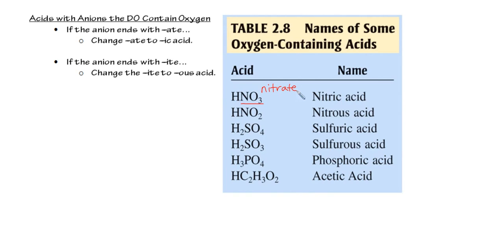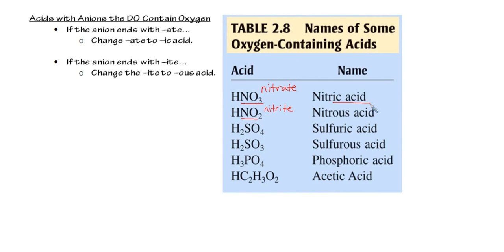We had said if you take off one oxygen, that turns it to nitrite. Same charge, -1. Okay, so if I have the ATE version, and I notice that these are acids because they start with hydrogen, the ATE will just turn into IC. And then we'll end it with acid.